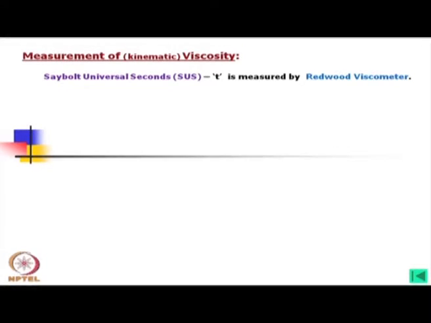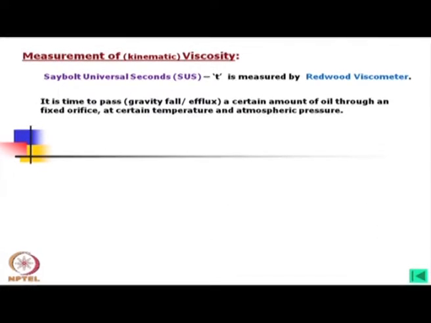A certain amount of oil is taken, and we measure the time to pass, that is usually gravity fall or efflux, of a certain amount of oil through a fixed orifice at certain temperature and atmospheric pressure. The time which is counted is called Saybolt universal seconds.